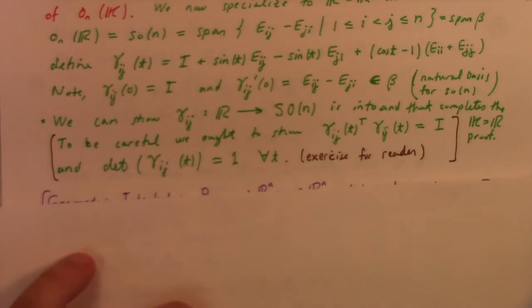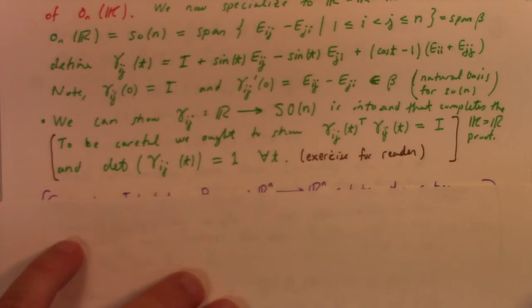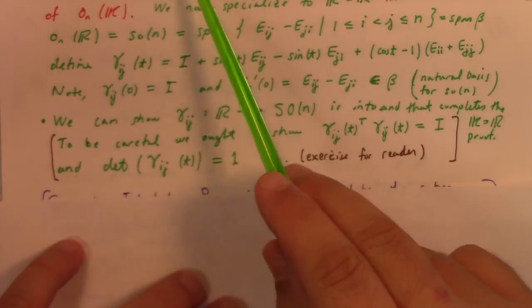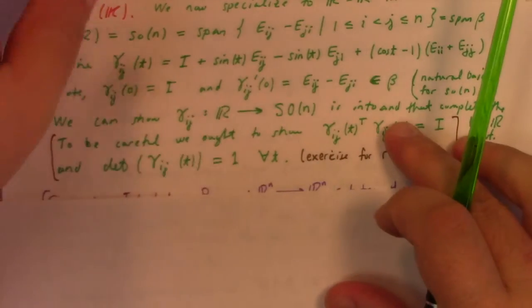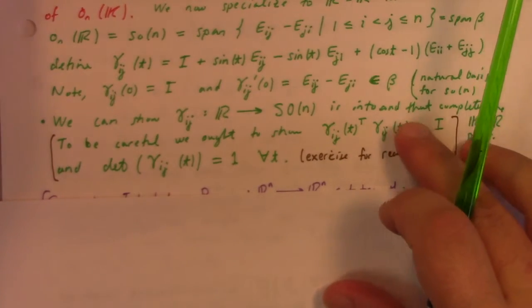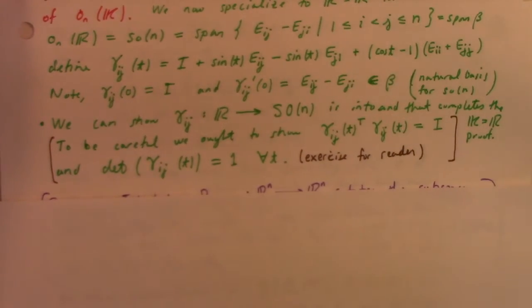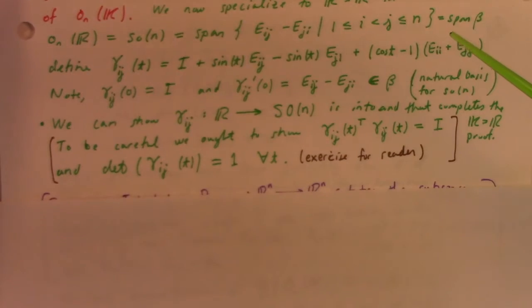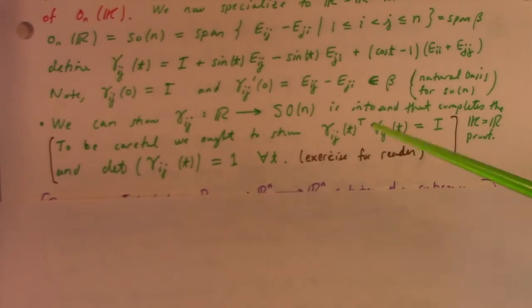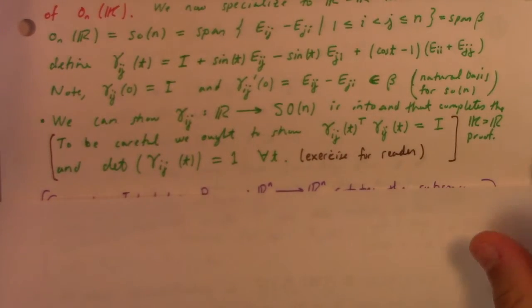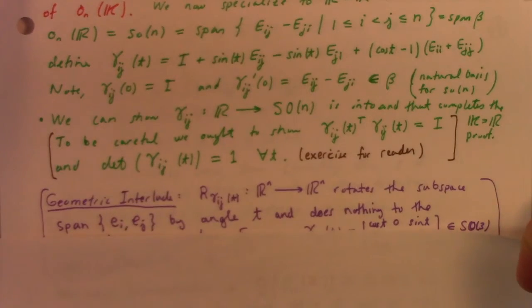And so that proves what? That would prove that little o(n,R) is a subset, is part of the Lie algebra for big O(n,R). But we already proved the other inclusion in general, so that would prove the case for R.